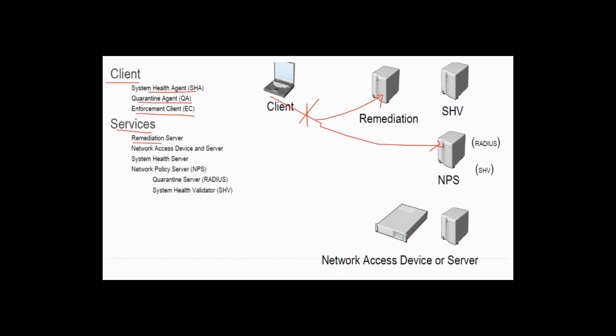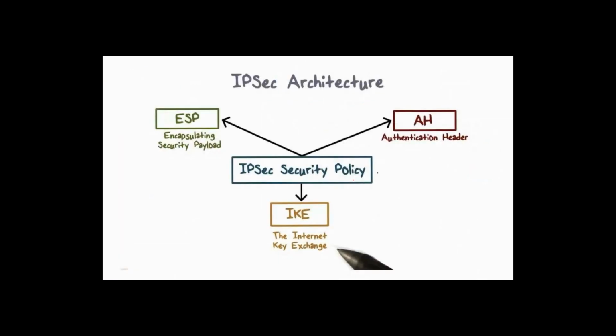On the server side, we have the remediation server, network access device, system health server, and network policy server. The most important thing is to have in the network policy server the SHV, the system health validator, that can guarantee the full access of that client.